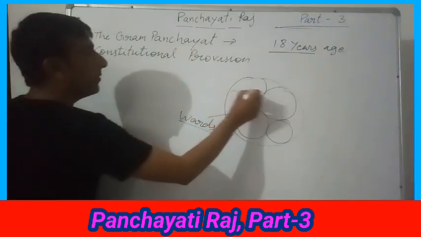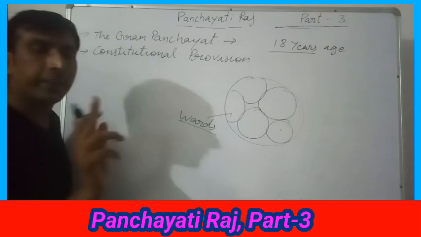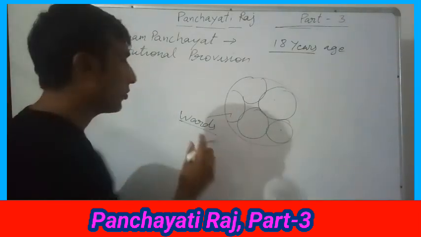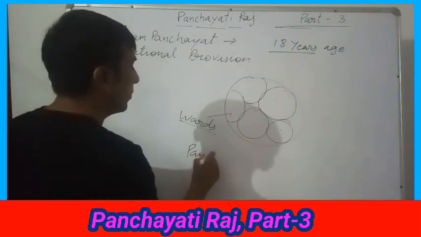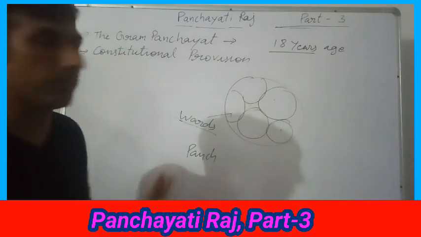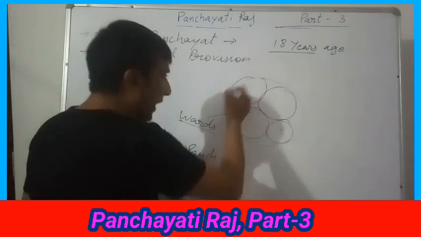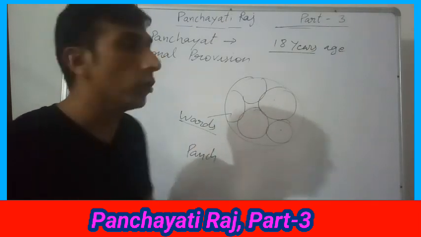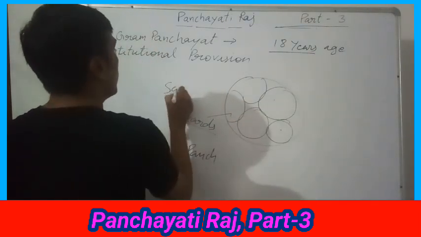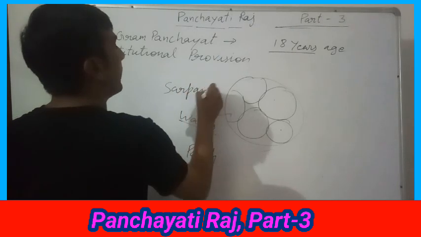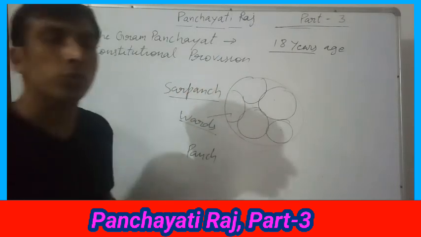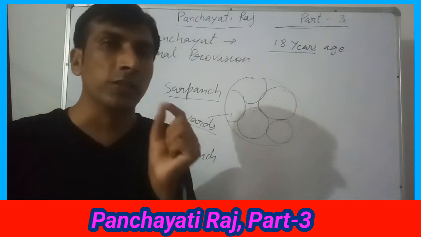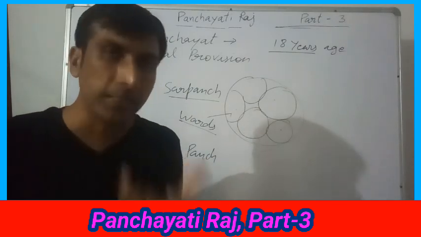From each ward, one representative is elected by the people, that is called Panch. So these are Panches. And from the entire village, the president of Gram Panchayat, also known as Sarpanch, is elected.